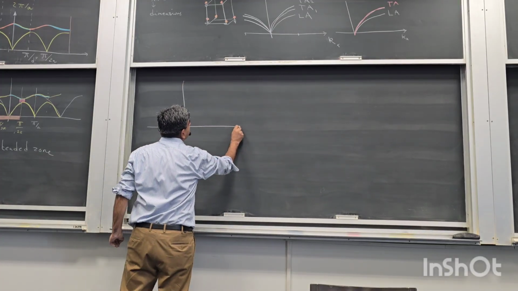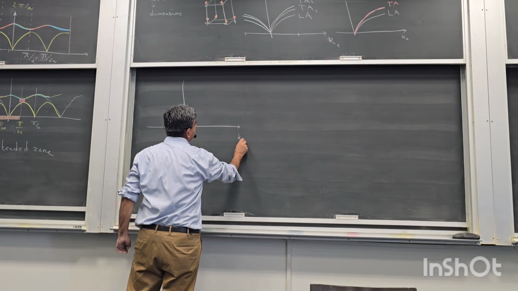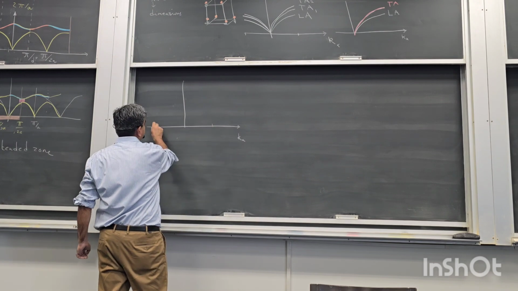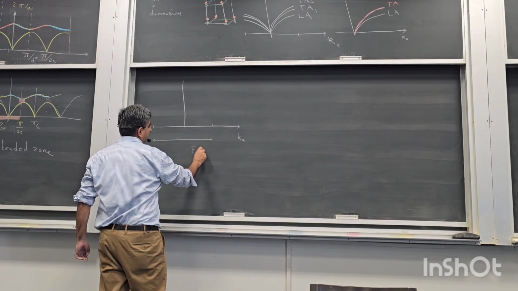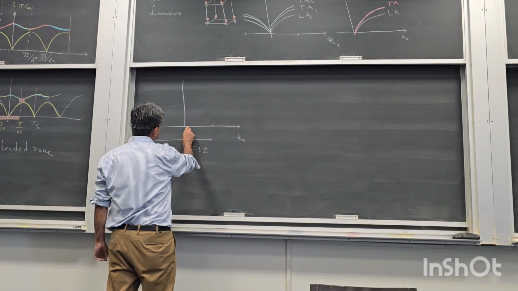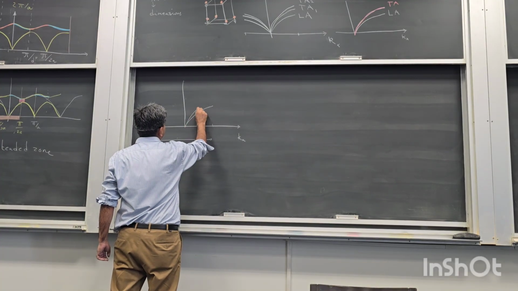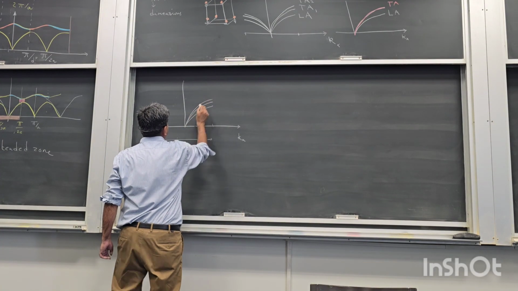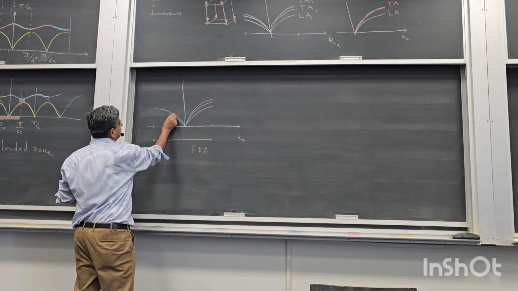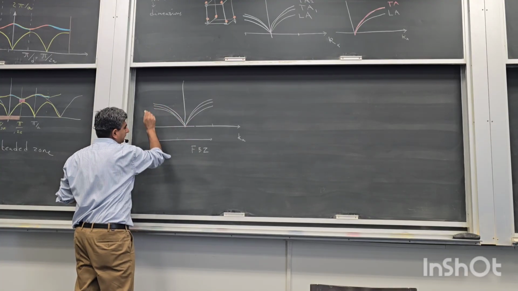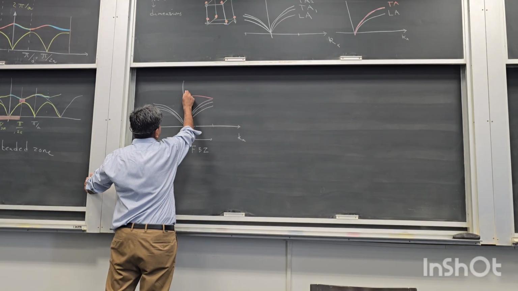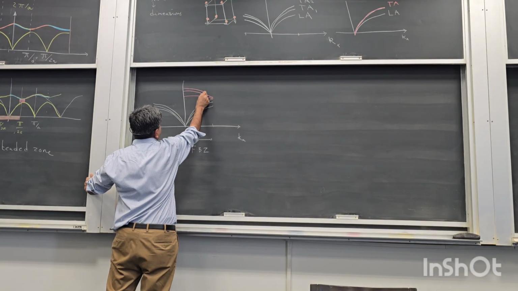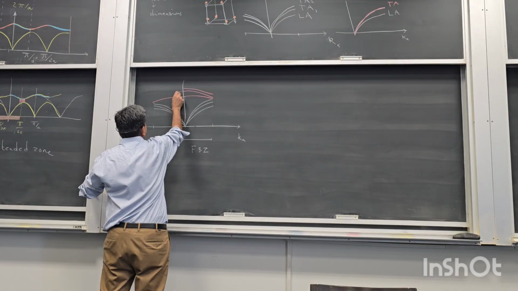So here is for my K along a particular direction. This is my first Brillouin zone, which I abbreviate as first Brillouin zone. 3 acoustic branches, and 3 optical branches, perhaps like this, right?